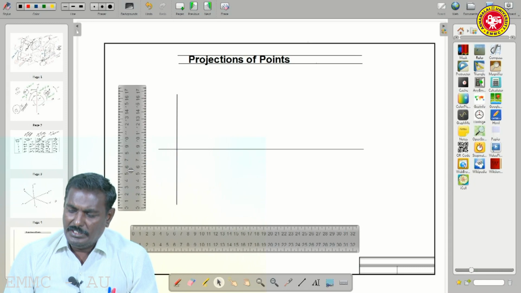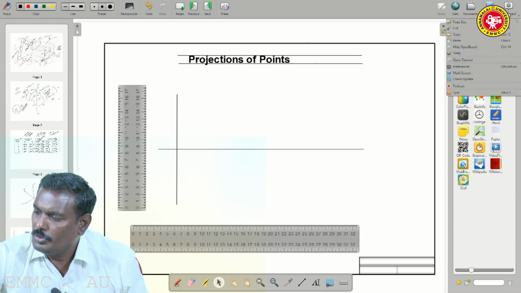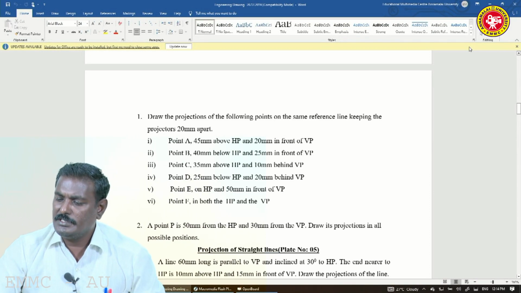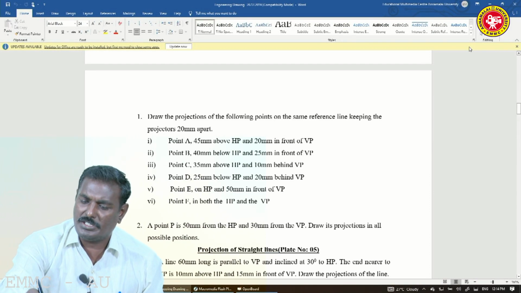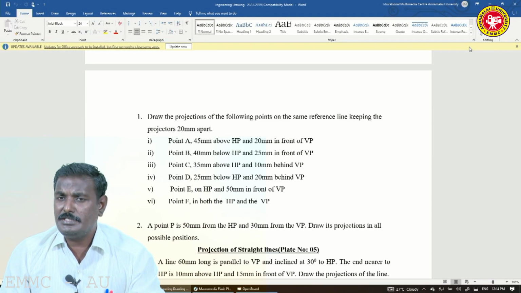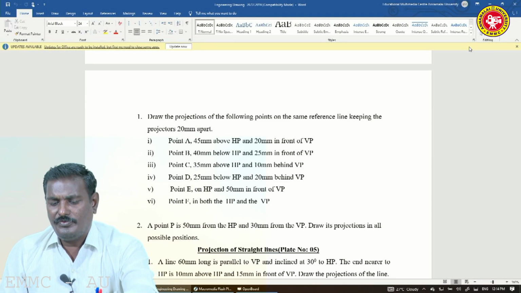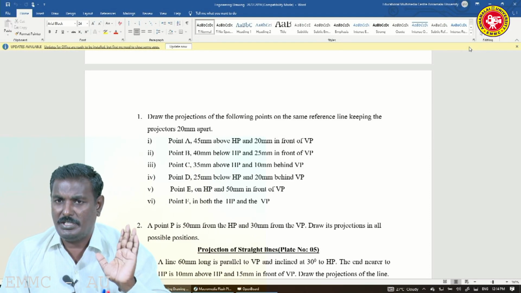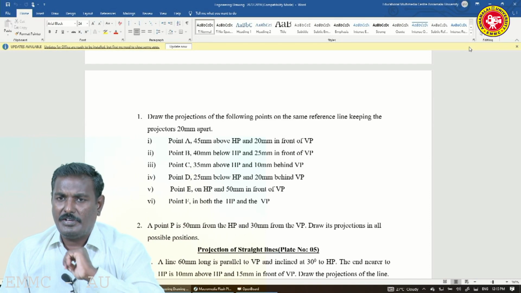So what is given in the problem? What about the statement? Draw the projection of the following points on the same reference line, keeping the projectors 20 mm apart. Okay, one projector to another projector is 20 mm. So what about the first subdivision? Point A, the true point, is given 45 mm above HP, 20 mm in front of VP.